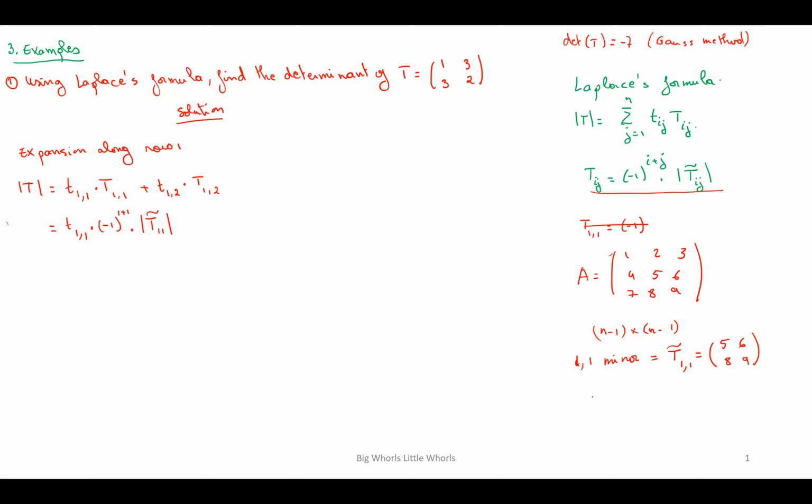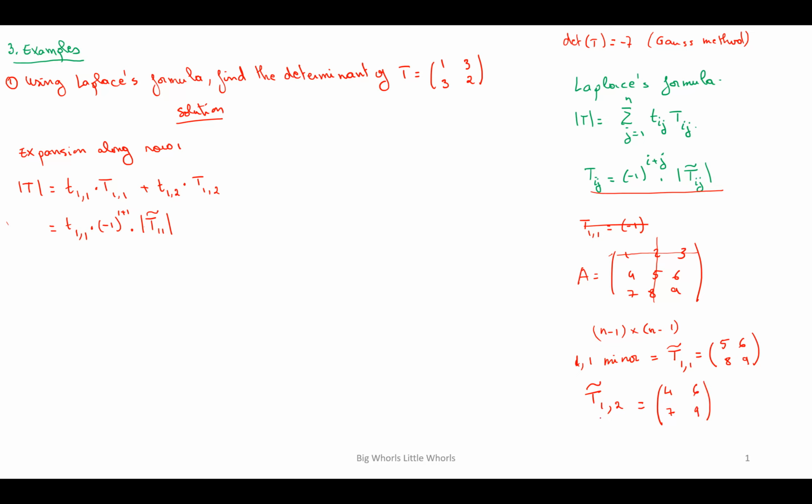Now let's find the 1,2 minor. It is the matrix we get if we delete row 1 and column 2, so we are left with 4, 7, 6, 9.